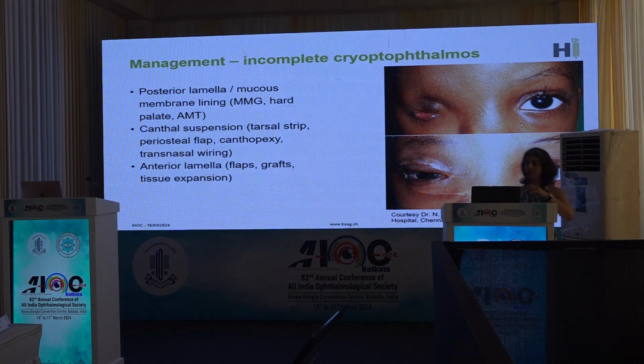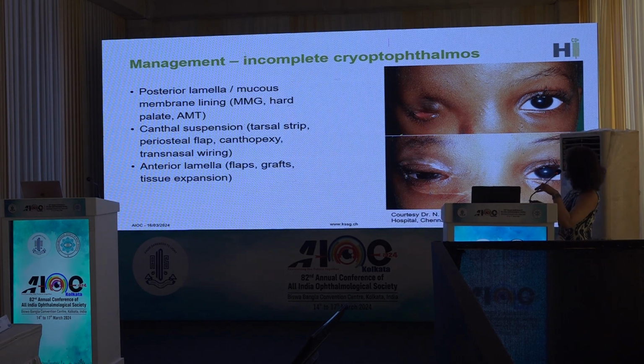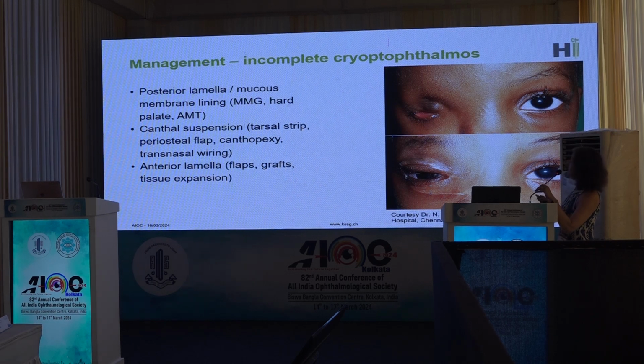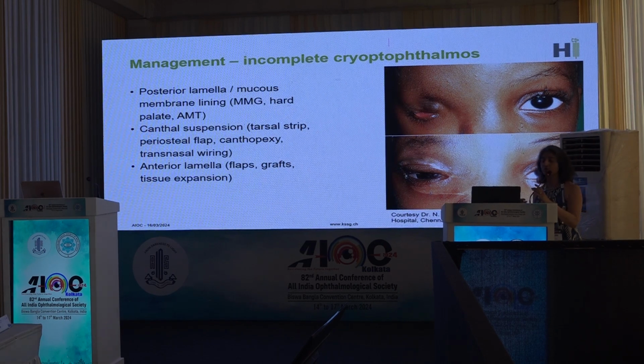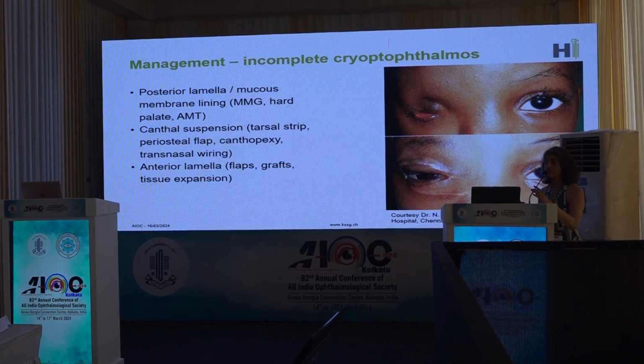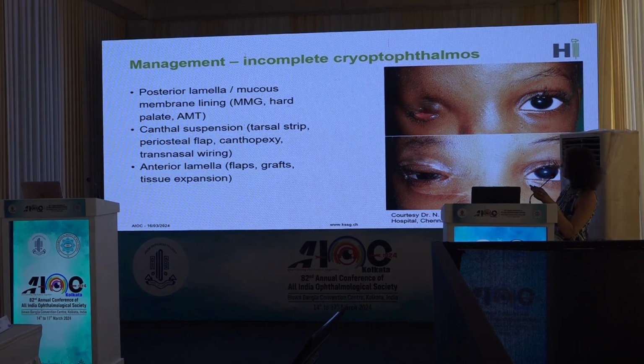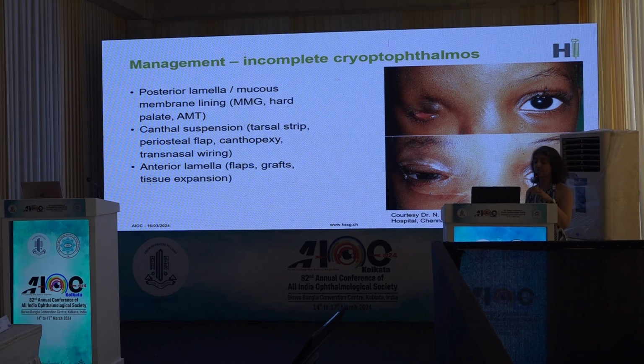So these are pictures from my fellowship of incomplete cryptophthalmos. Incomplete cryptophthalmos has a lesser degree of visual potential, as in this child, and always has a fusion of the upper eyelid to the ocular surface.